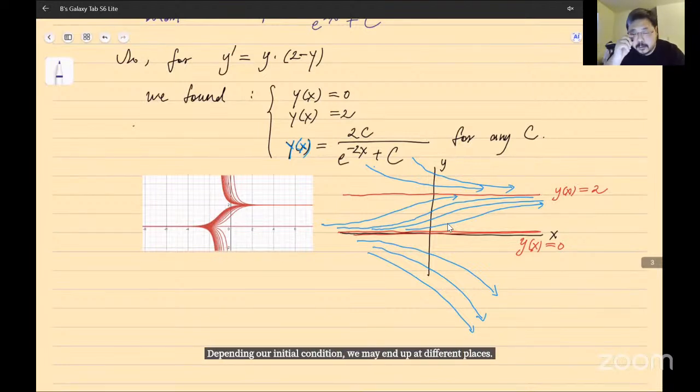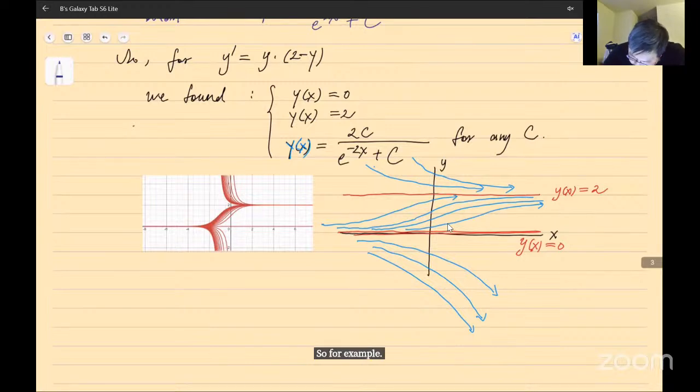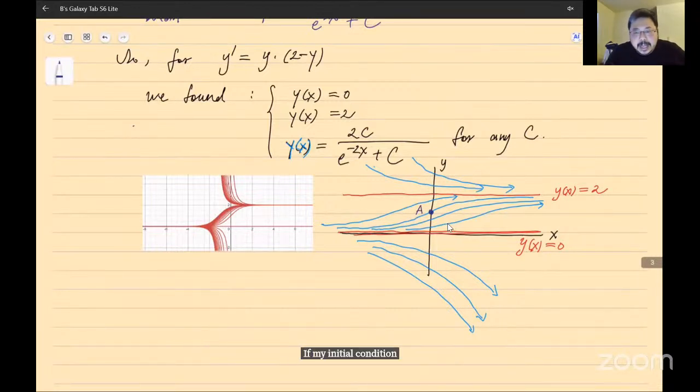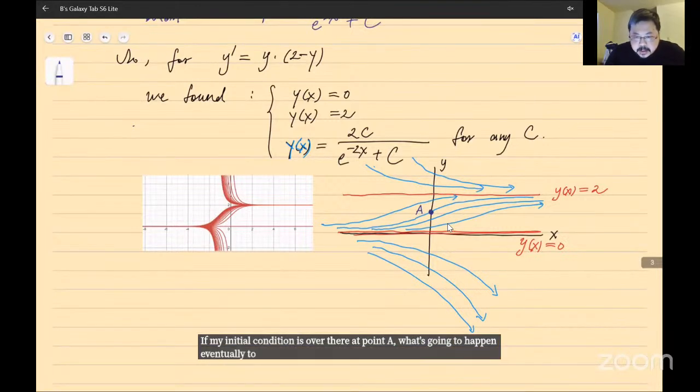So for example, if I start over here, let me write this as point A. If my initial condition is at point A, what's going to happen eventually to my solution? Well, following this blue line, eventually it will have a limit approaching 2. Do you see that?